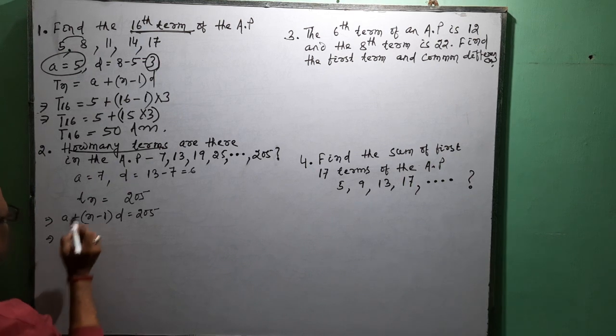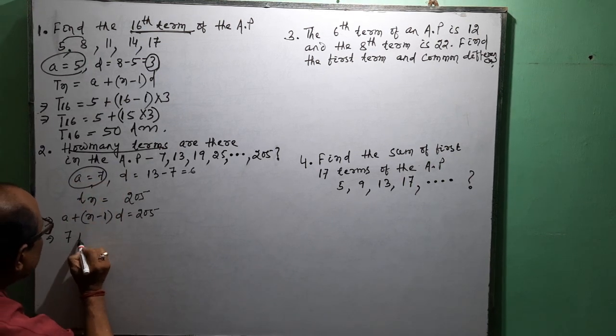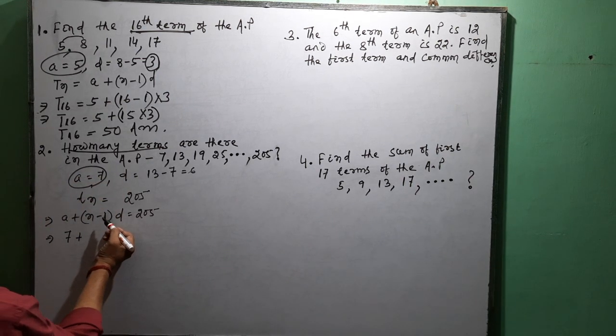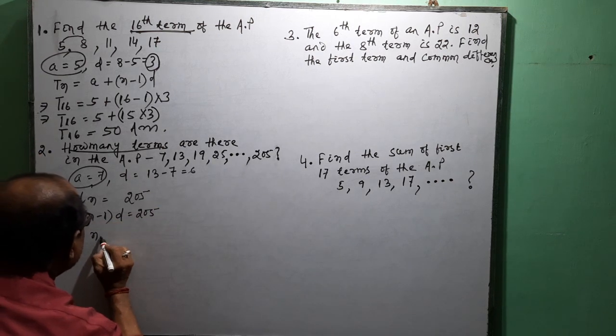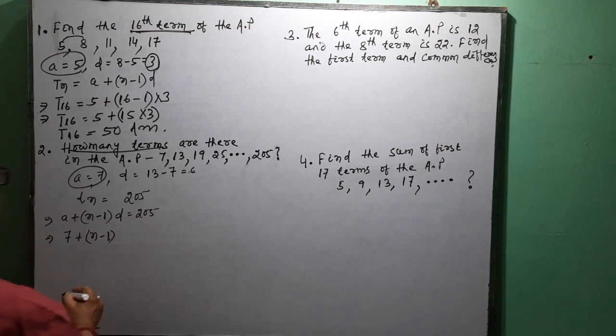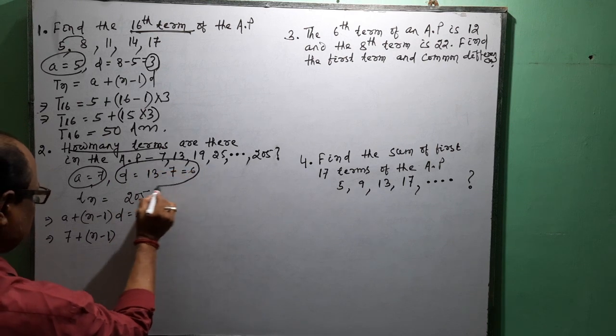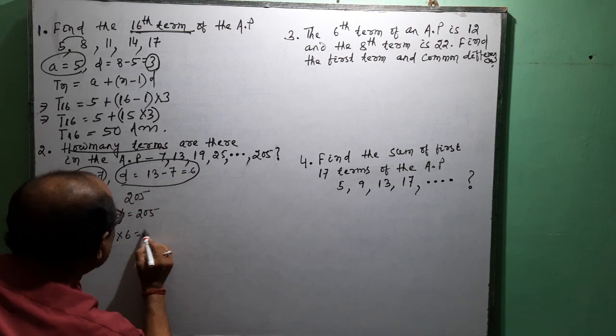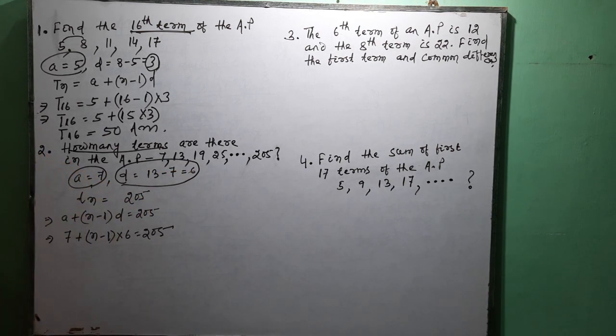Tn formula: a plus n minus 1 whole into d is equal to 205. This implies 7 plus n minus 1 whole into d, where d is 6, is equal to 205.